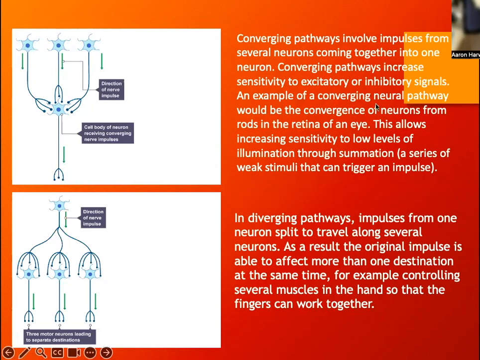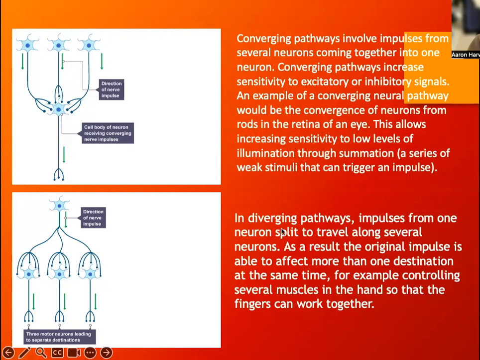An example of a converging neural pathway would be the converging of neurons from rods in the retinas of the eyes. This allows for increasing sensitivity to low levels of light through summation, which is a series of weak stimuli triggering an impulse. So these three can use weak stimulation to all three send a weak signal to stimulate this single cell. So that's converging pathways.